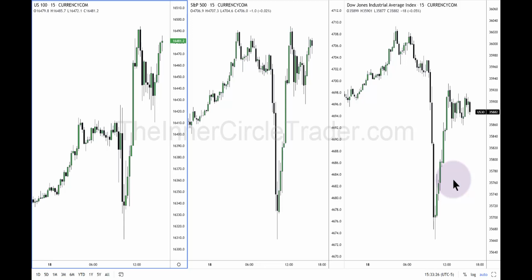But I think if I understood you correctly, the question was, what makes this SMT divergence right here versus this lower highs and higher highs? What causes that is the algorithm is going to reprice higher on one or more of these three averages and not reprice equally to signify that that is an area of distribution.